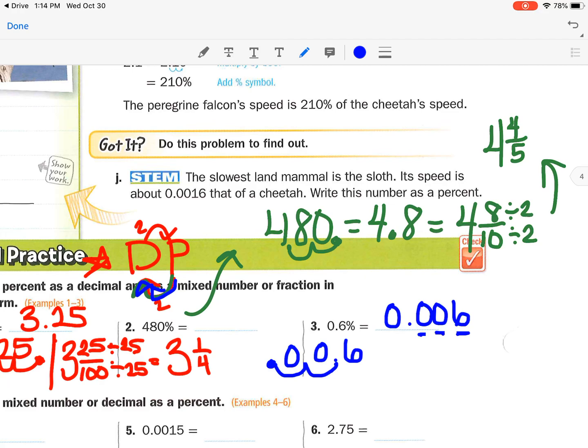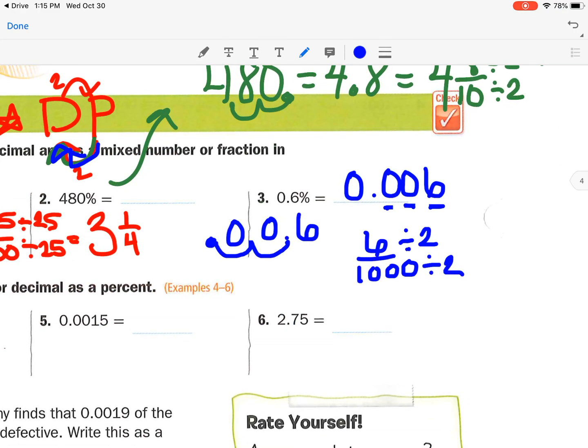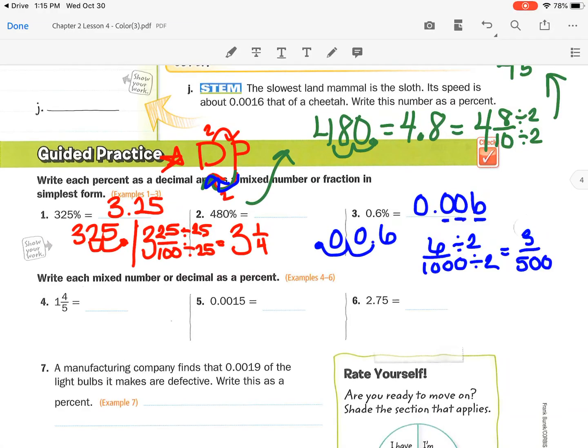So I know that this is 6 thousandths, so I'm going to write 6 thousandths, and since they are both even, I'm going to divide by 2, which is going to give me 3 over 500ths.